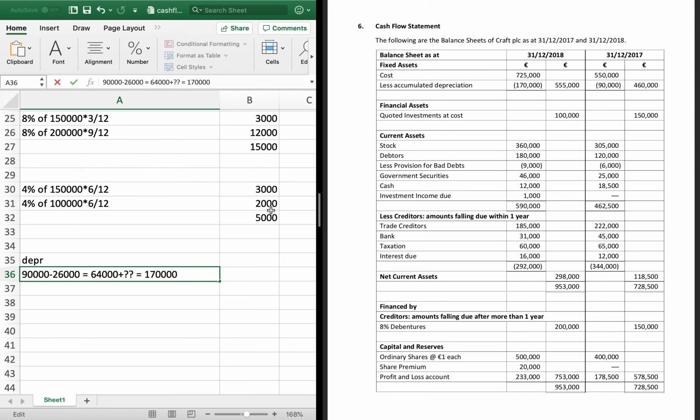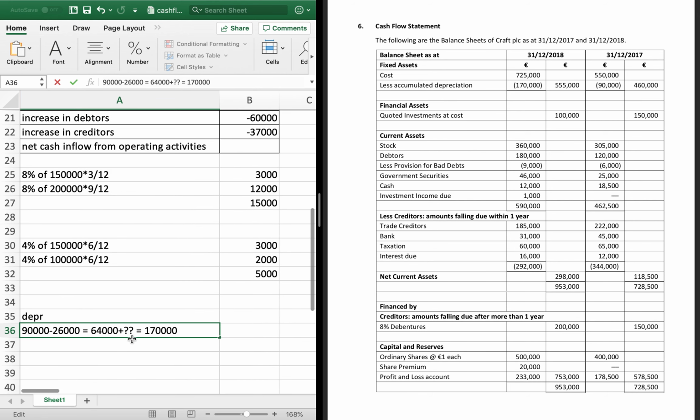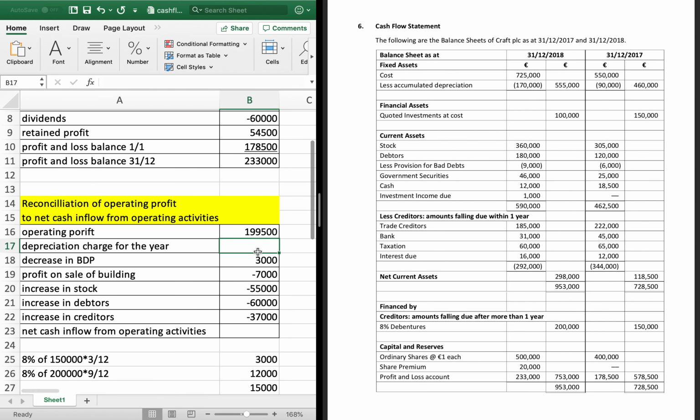So that's going to be 100 and what would that be? 106,000 would be the depreciation. So this year's charge is 106. So that's a plus as well. Remember, depreciation reduces profit but doesn't reduce cash.